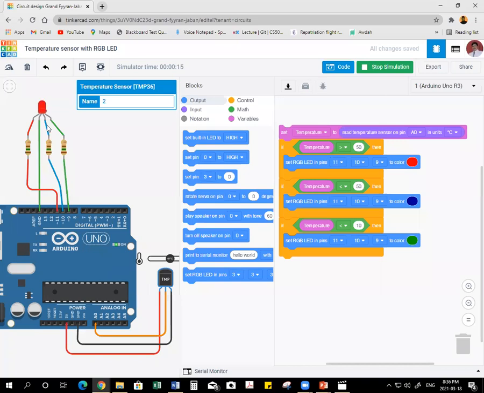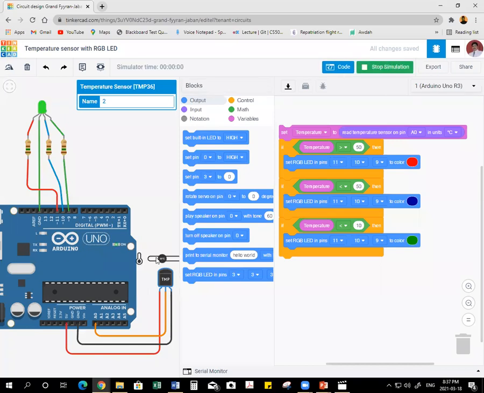What is the 10? It should be blue. So here the pin number has to be changed. What are the pin numbers? The middle one, 11 10 9, it should be blue, and 11 10 9 it should be green. Okay, no problem.